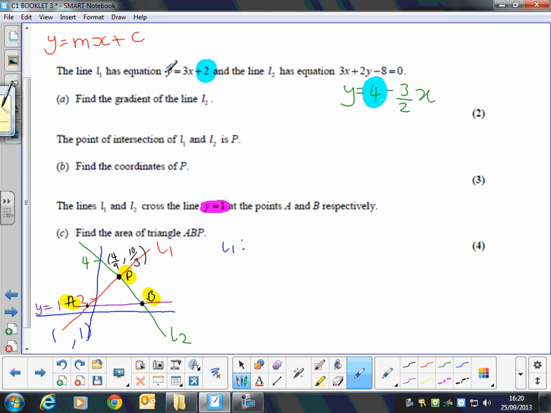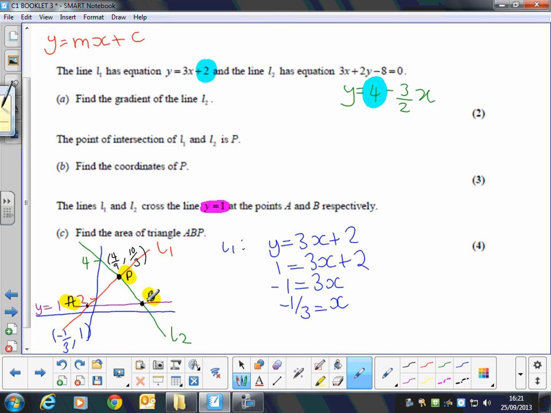So where we've got y equals 3x plus 2, we know y is equal to 1, and we need to work out what x is equal to. So I need to rearrange this. So I'm going to take the 2 over. Minus 1 is equal to 3x, and then divide by 3. So I've got minus a third is equal to x. So point A is minus a third and 1.